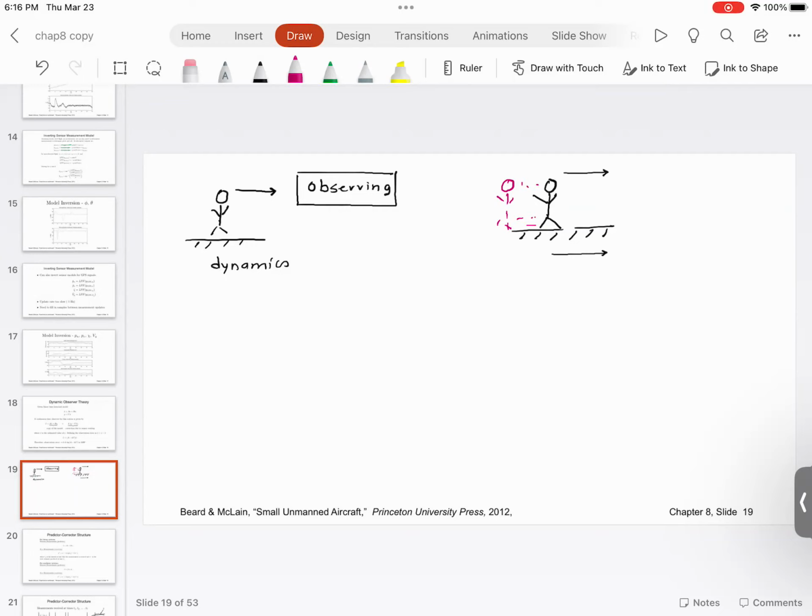Now, at this point, I want you to imagine yourself in this situation and answer two fundamental questions. First, when would you trust the observation? And when would you trust your previous estimate?